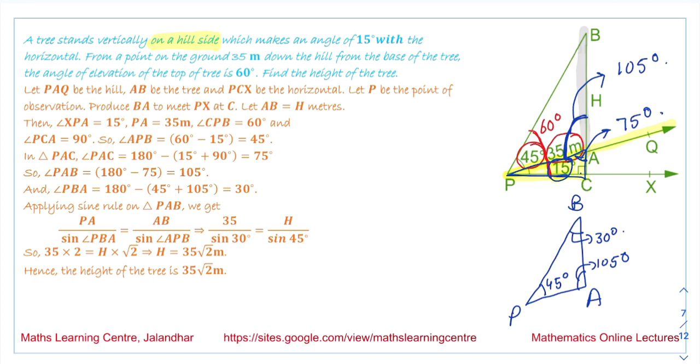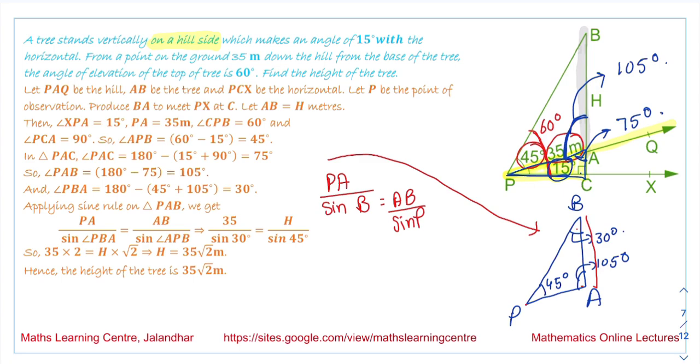Now in this triangle if we apply the sine formula, we have PA over sine of angle at B equal to AB over sine of angle at P. The length PA is given to be 35 meters.